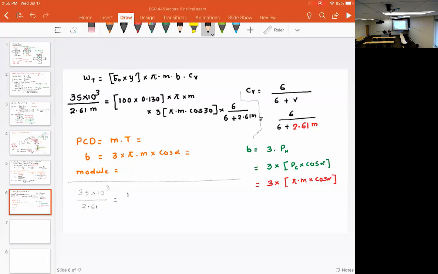So I'm going to write this equation down: 100 multiplied by 0.130 pi m square multiplied by 3 pi m cosine 30, plus 6 divided by 6 plus 2.61 m.